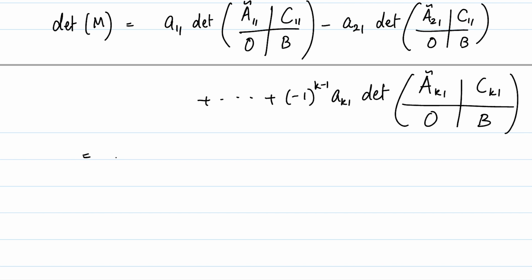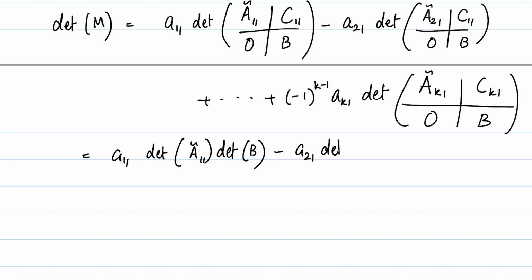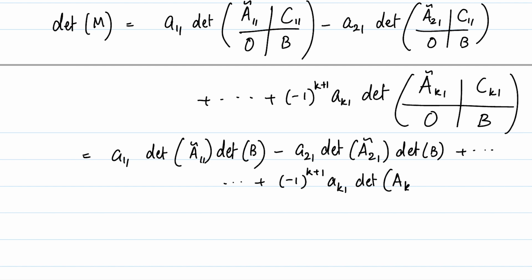I can write this as A11 times the determinant of A11 tilde times the determinant of B, minus A21 times the determinant of A21 tilde times the determinant of B, and so on, plus minus 1 to the power k minus 1 or k plus 1, whichever is suitable for you, AK1 times the determinant of AK1 tilde times the determinant of B.